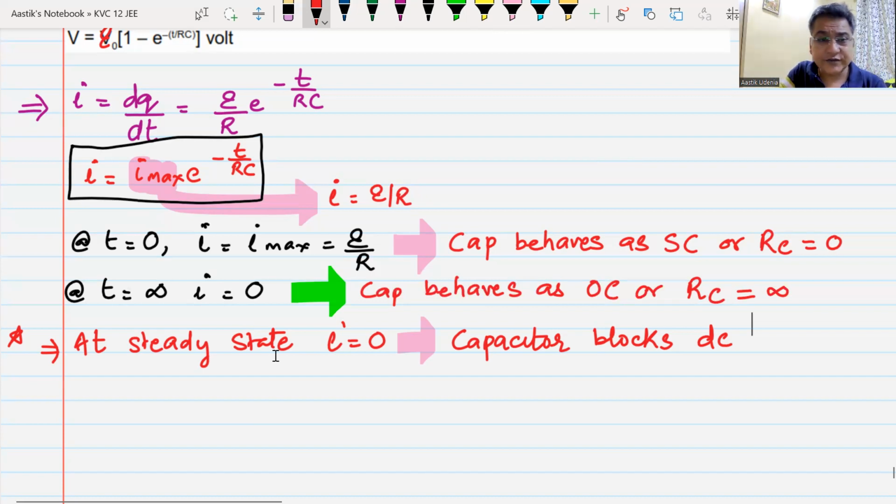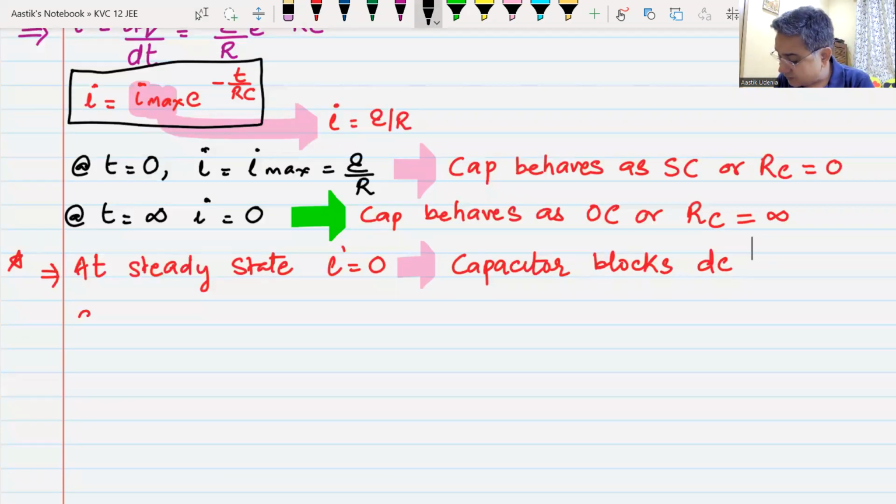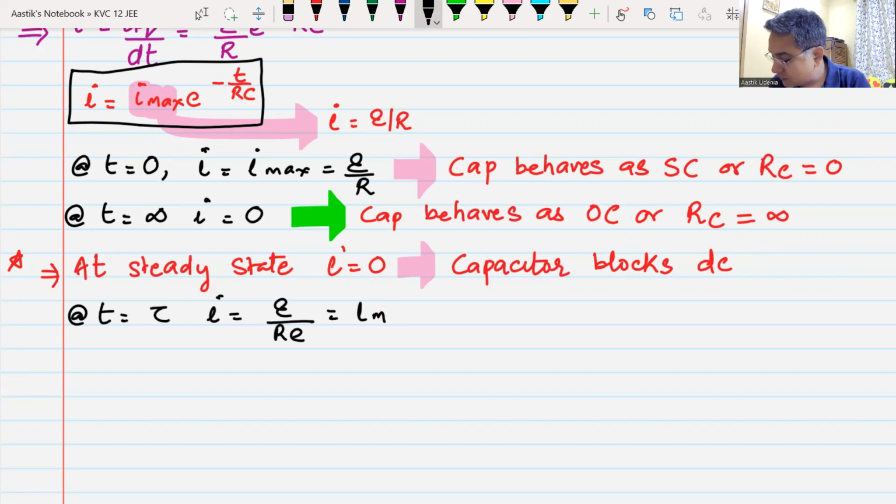Also, you can write at time t is equal to tau, current in the circuit becomes E by Re, or it becomes I max divided by e, or it becomes 0.37 times of I max.